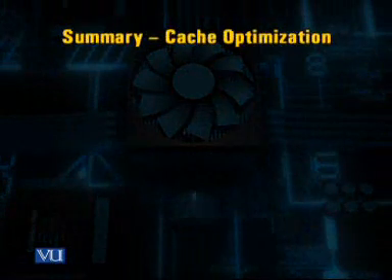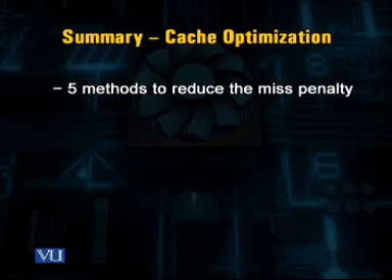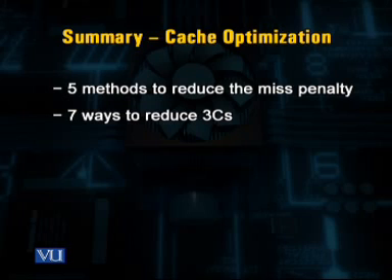Now, with this much discussion on the hit time reduction techniques, we conclude our discussion on the cache performance optimization. You can notice that we have discussed 5 methods to reduce the miss penalty, 7 ways to reduce the 3 C's, that is the conflict misses, the compulsory misses, and capacity misses.